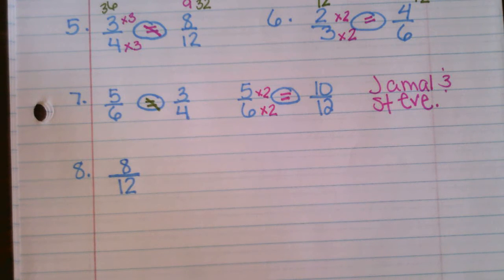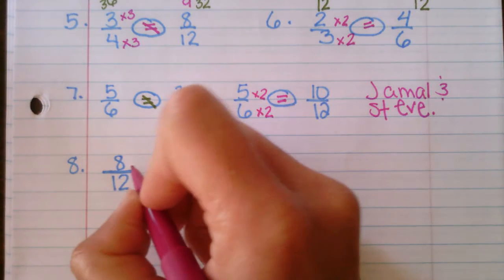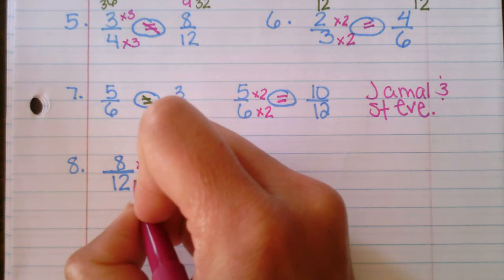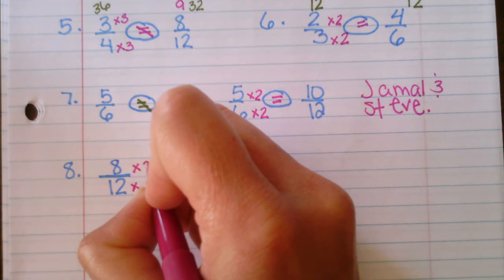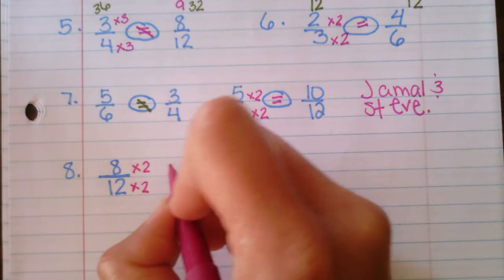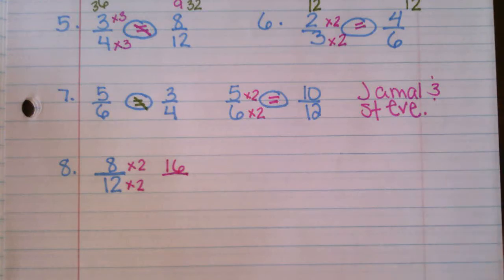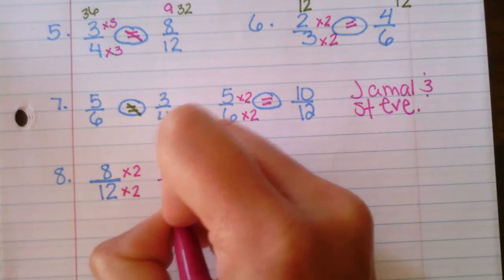Write 2 fractions that are equivalent to my 8/12. So whatever I do to the top, I do to the bottom. So 8 times, let's say 2, and 12 times 2. 8 times 2 gives me my 16. 12 times 2 gives me my 24.